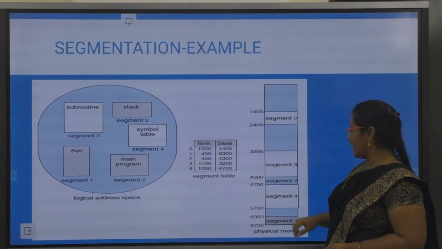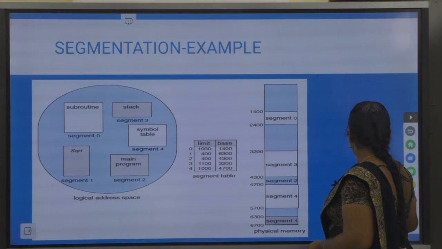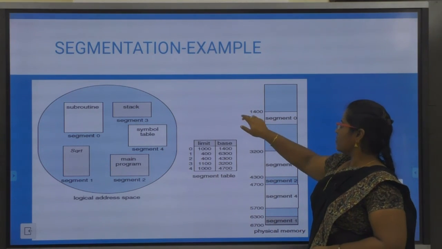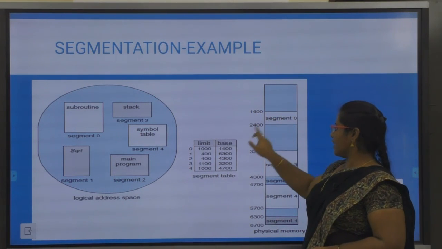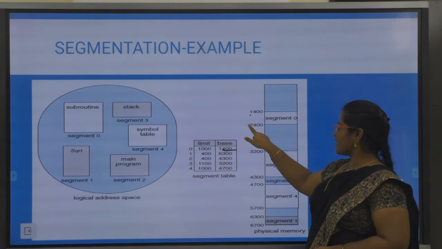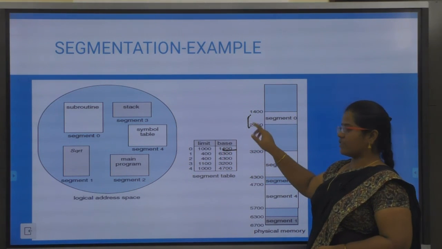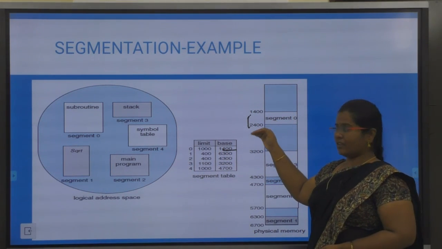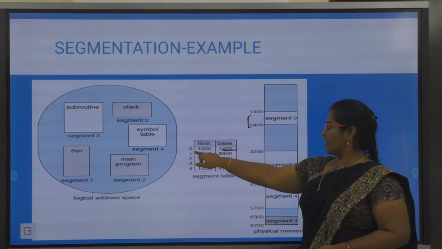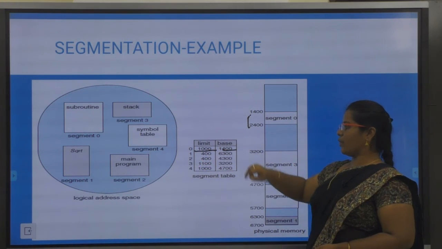So my base for segment 0 starts from 1400 and extends up to 2400. Then what is the limit? 2400 minus 1400, that is the limit. The total number of bytes of this segment is 1000.